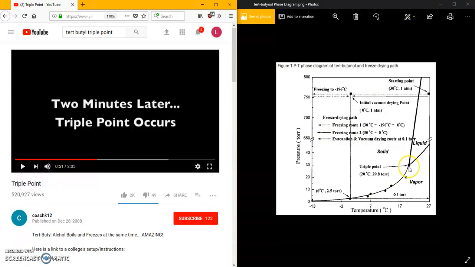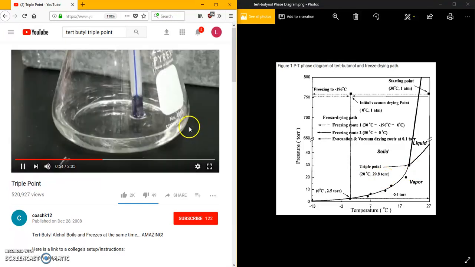Their triple point is at about, I'd say, 20 degrees Celsius, and the pressure is about 32, oh, right there, yeah, 29.8 torr. Okay? So what they're doing in this video is they are controlling what is going to happen. They're trying to get it to 20 degrees Celsius, measuring it with a thermometer, and then controlling the pressure so it is 29.8 torr.